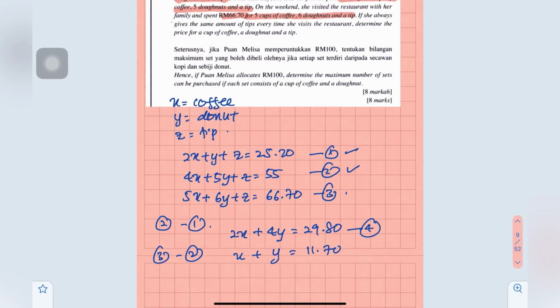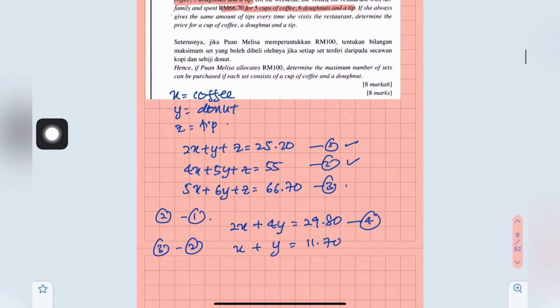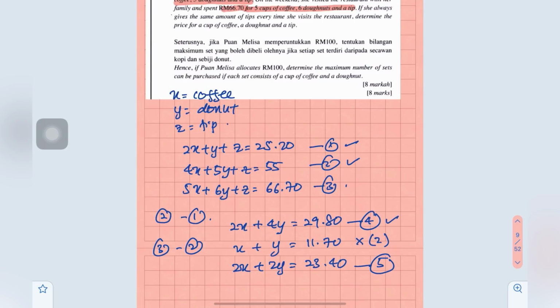Okey. So yang ni katakanlah saya nak eliminate x. Jadi saya darab dengan 2 lah. So ni saya darab dengan 2 supaya saya boleh eliminate. So dapat 2x plus 2y equals to RM23.40. Okay, ni equation yang ke-5. Okay, so yang ni lah 4 dengan 5.